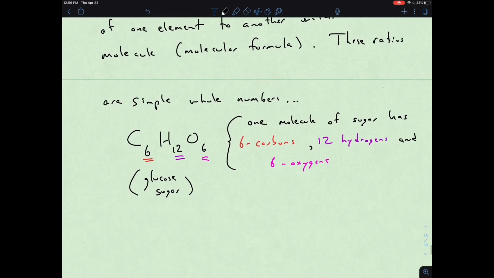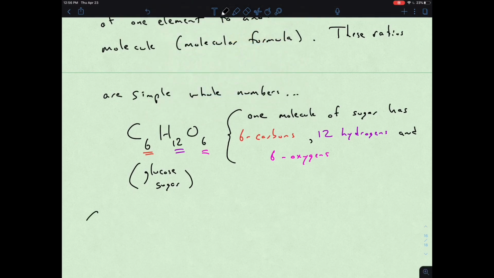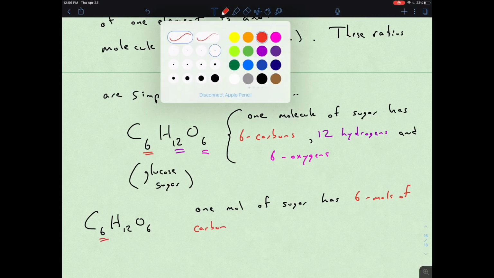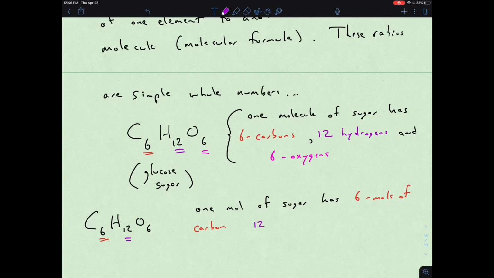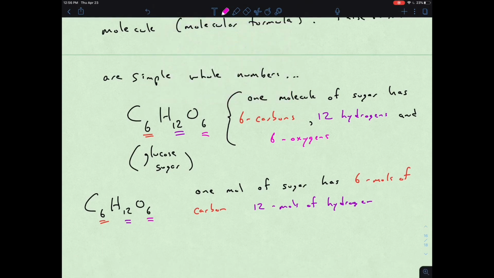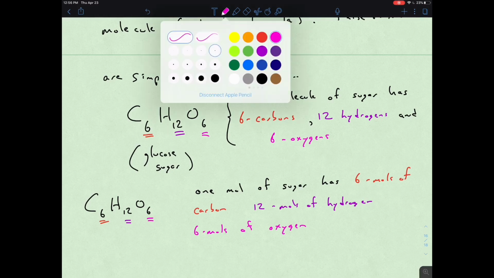But we can go one step further and say with that same molecule, we could now say that 1 mole of sugar has basically 6 moles of carbon, 12 moles of hydrogen, and 6 moles of oxygen within the structure.